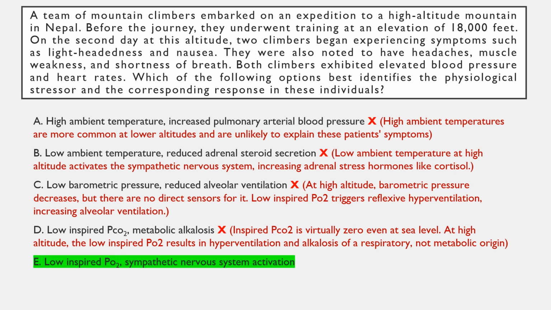Option D is incorrect because inspired carbon dioxide is virtually zero even at sea level. At high altitude, the low inspired oxygen results in hyperventilation and alkalosis of a respiratory, not metabolic origin.